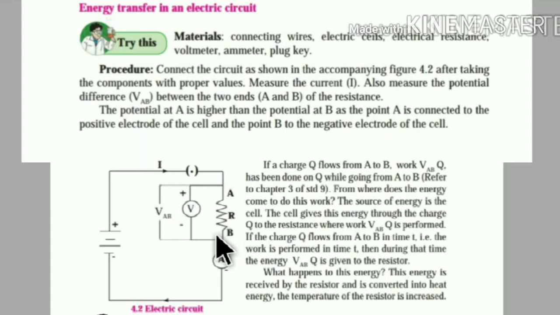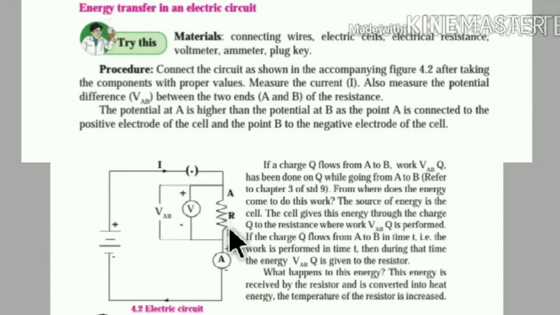Then the work done is V AB into Q. When the charge goes from A to B, there is work done, that is V AB into Q. As we studied in the previous standard, from where does the energy come for doing this work?